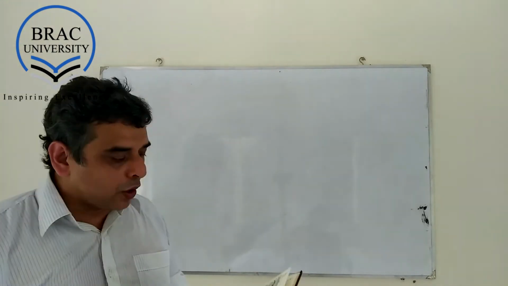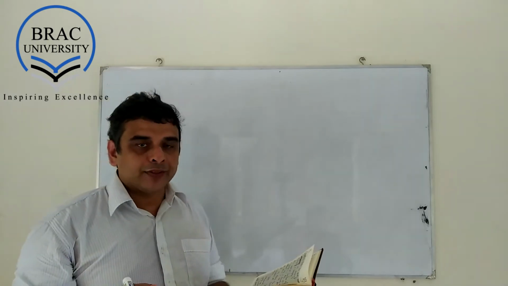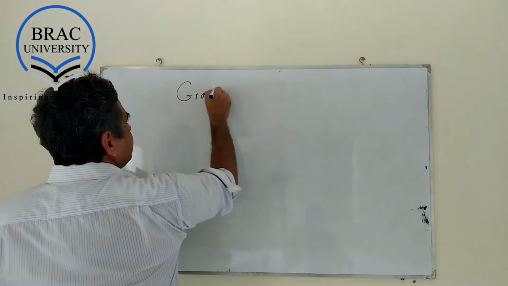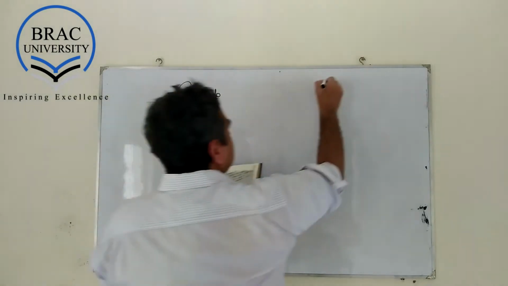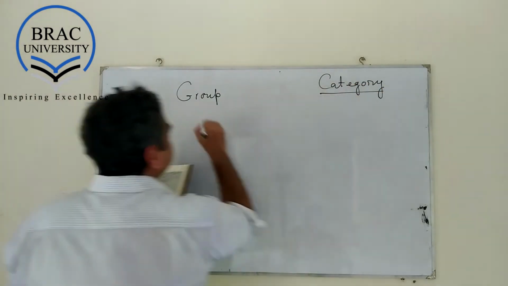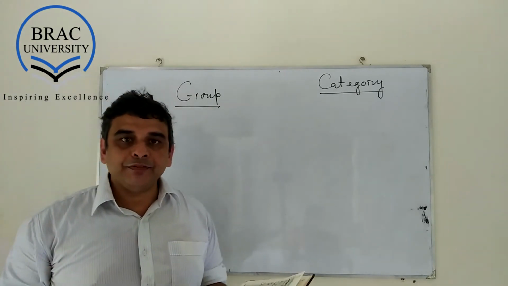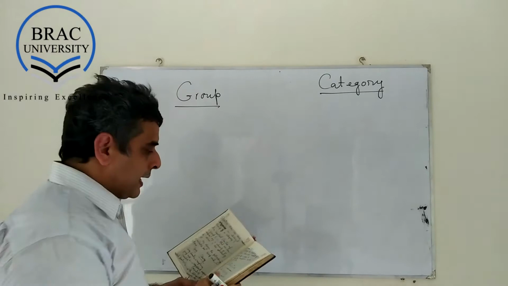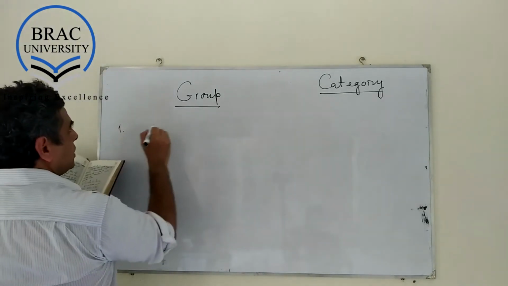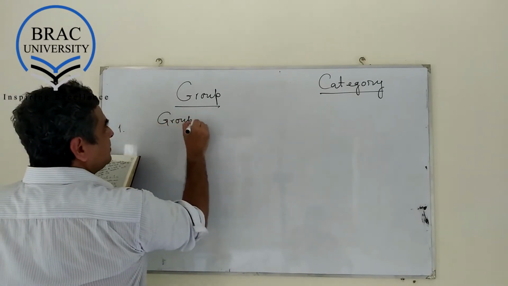We observe the following similarities between the structure of a group and the structure of a category. On the left, you have a group. On the right, you have a category. These similarities can be seen using the definitions of the group and that of a category. On the left, we have group elements.